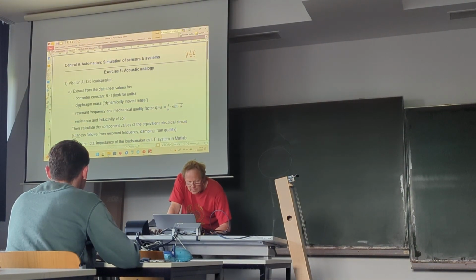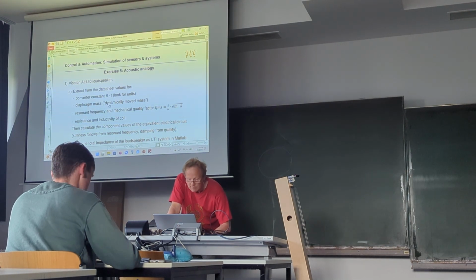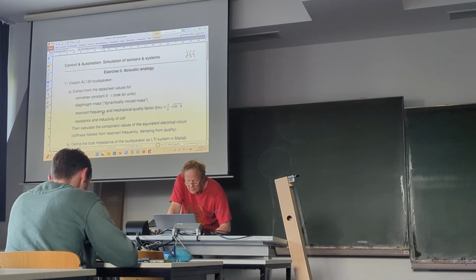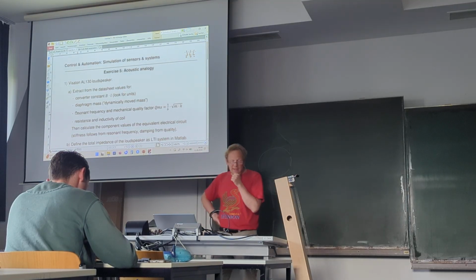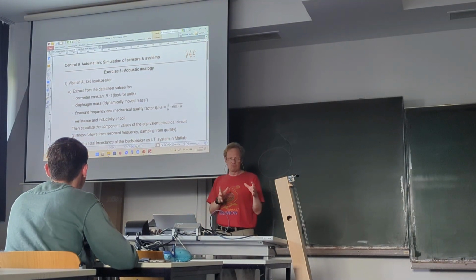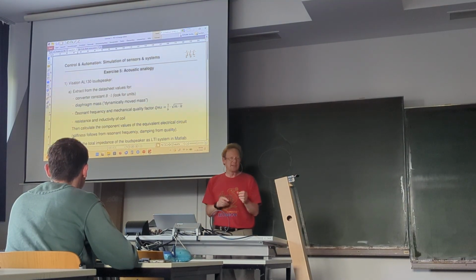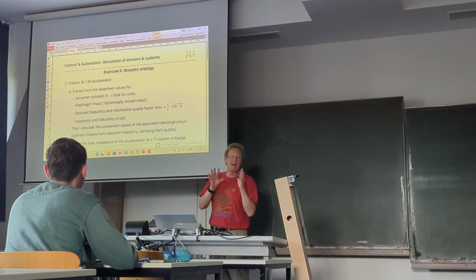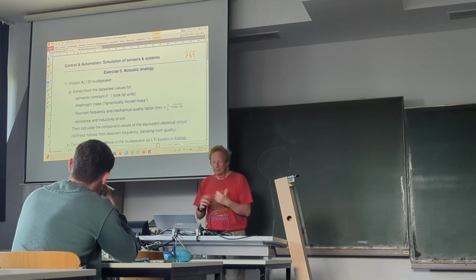Then the second one we need is the diaphragm mass. By the way, it's called the dynamically moved mass. Then we need the resonance frequency and also the mechanical quality factor. In the resonance frequency, we have mainly mass and elasticity. It also depends a little bit on damping, but mainly mass and elasticity.